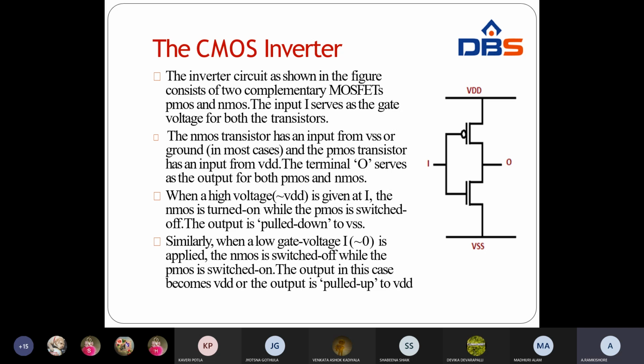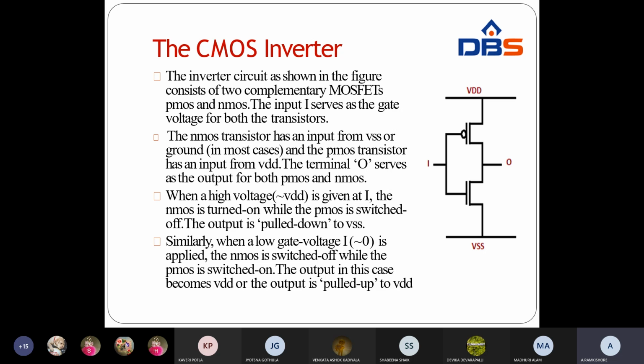That means whenever we apply 0 to the NMOS transistor, it doesn't create any channel from one terminal to another terminal, that means from source to drain.